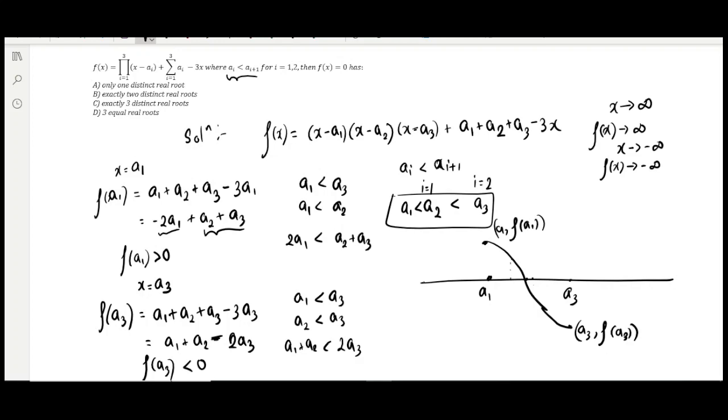So it is quite understood that when x is tending to minus infinity, the graph is coming from minus infinity, and when x is tending to plus infinity, the graph is going upward like that. So we can say that there will be three real roots, right? We can conclude from this graph there will be three real roots. So option C would be correct.